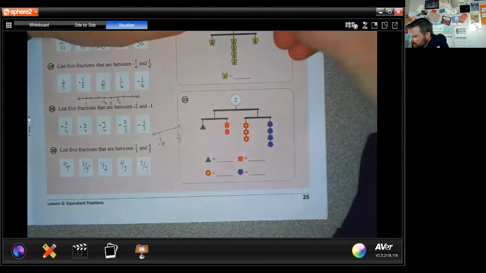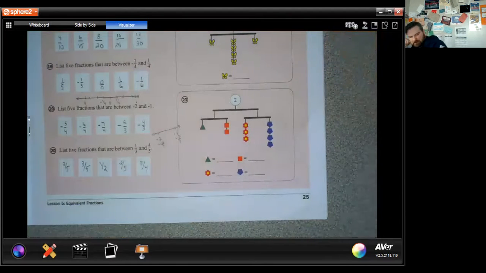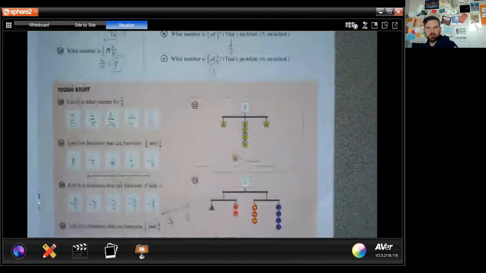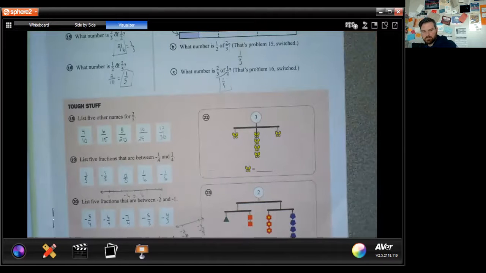So this whole thing has to equal 3. And I've got 1, 2, 3, 4, 5, 6 butterflies on it. So I got a total of 6 butterflies that together have to weigh 3.